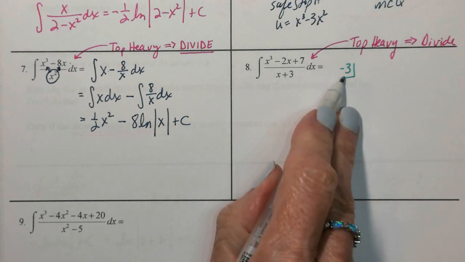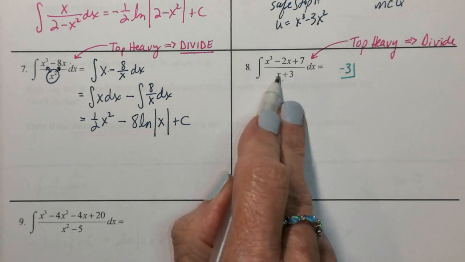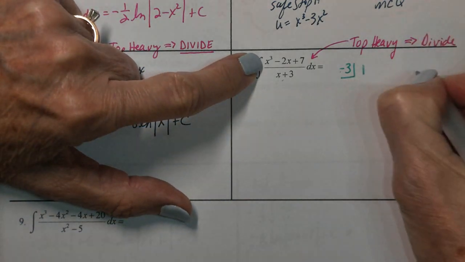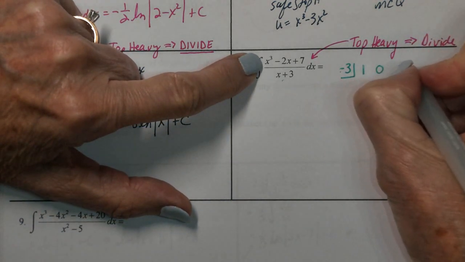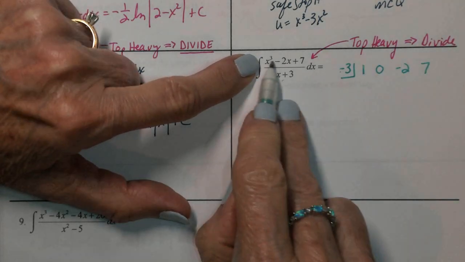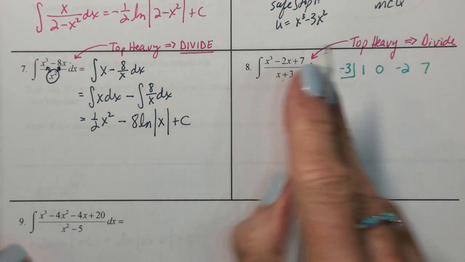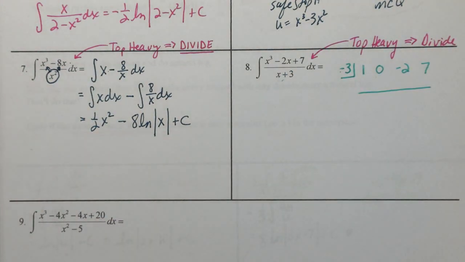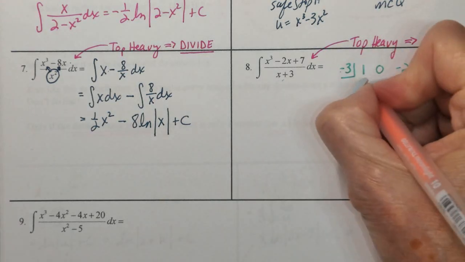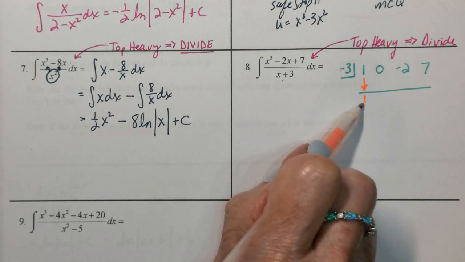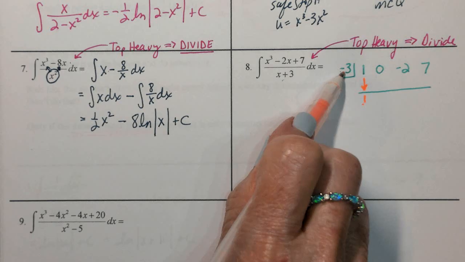So I'm putting a -3 in the box for synthetic division, and I'm putting the coefficients of the numerator across the top here, including that 0 for the missing x squared term, right? And now we bring down the first number and then multiply that first number by the -3.